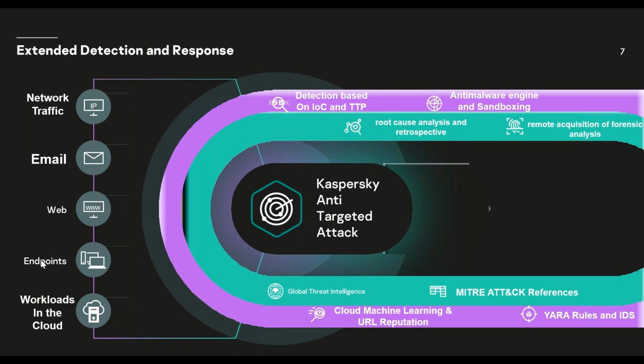So as we were saying, Kaspersky Anti Targeted Attack acts as an extended detection and response solution, right? And this is going to basically protect us against advanced persistent threats. And the idea is that it's very easy to integrate with different solutions, right?